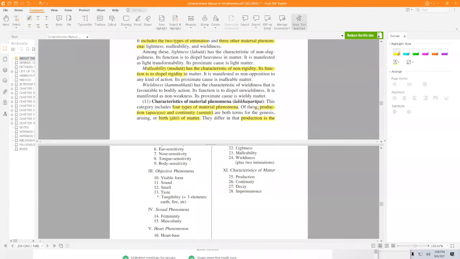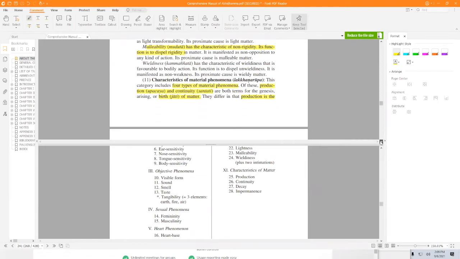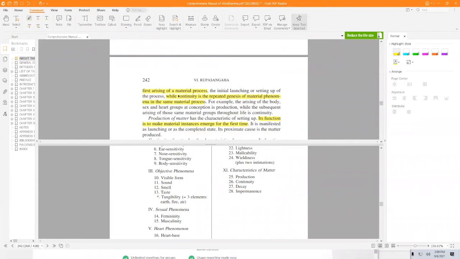Of these, both production and continuity are terms for the arising or birth of matter, but they differ in that the one called production, upachaya, is the first arising of a material process, the initial launching of the process, while continuity is the repeated production or genesis of material phenomena in the same material process.